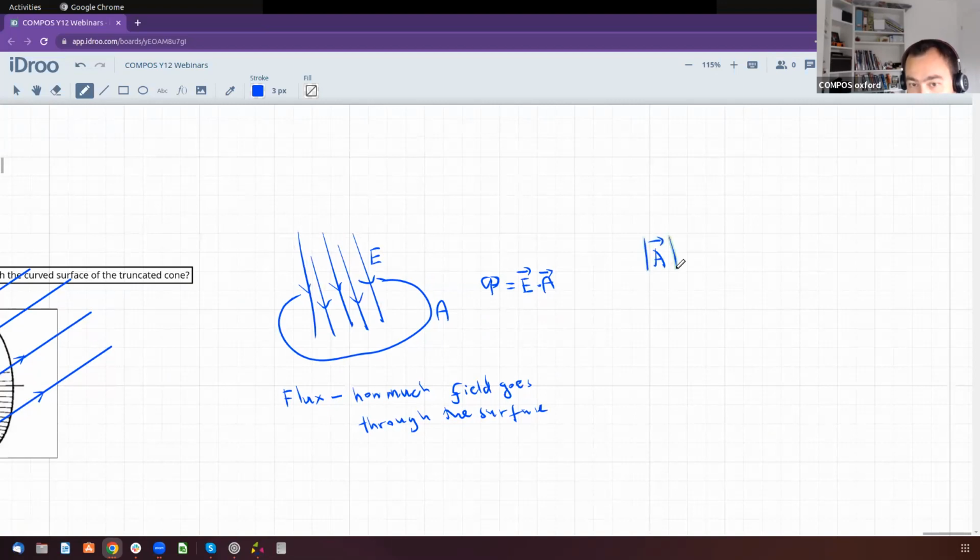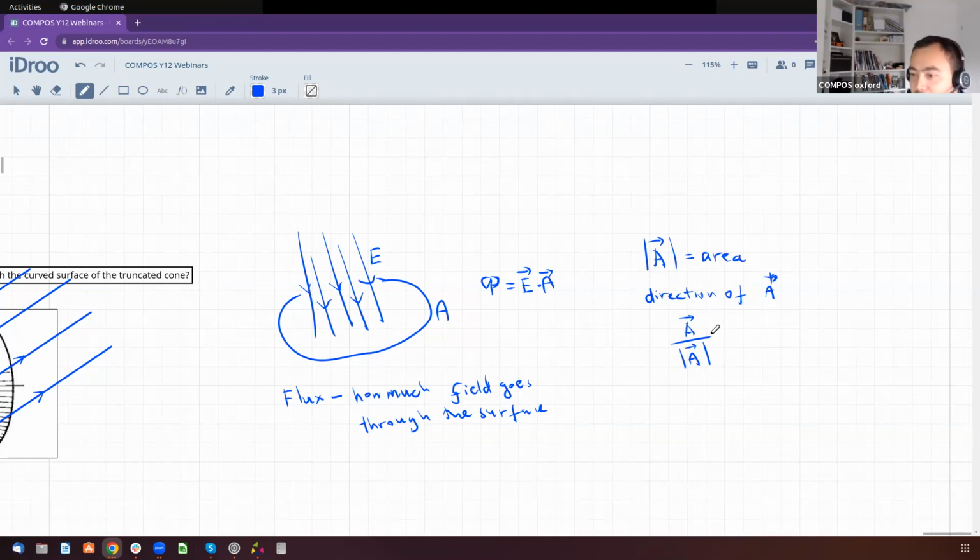The modulus of A is the area, and the direction of A. Do you know a clever way to write the direction of a vector? It's A divided by modulus A. It's a unit vector.